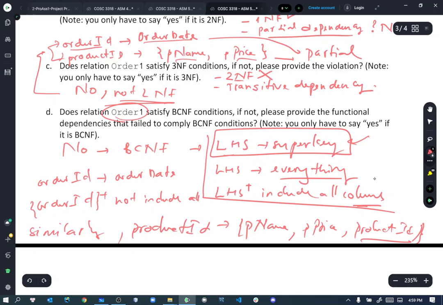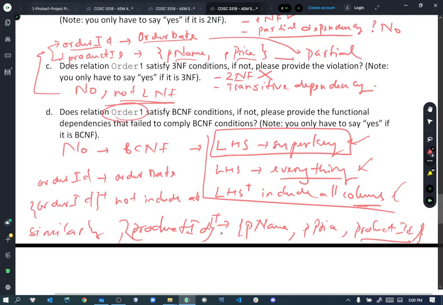So it's not a super key, it doesn't determine everything, it doesn't include all the attributes. If you have the closure, you have to add the closure, so it equals that. So there are two evidences here.